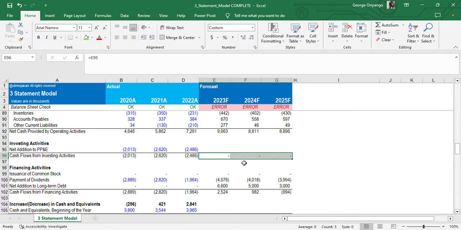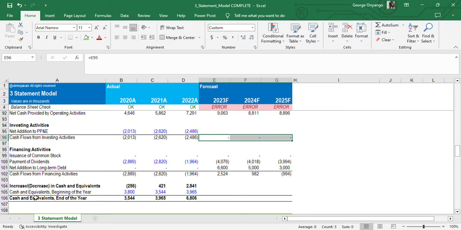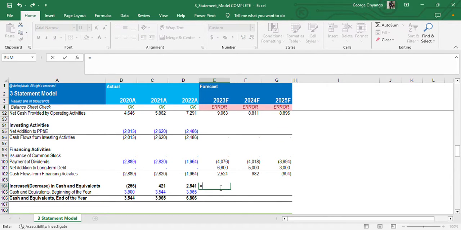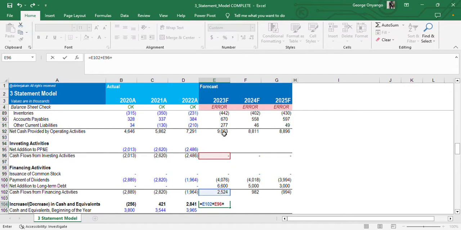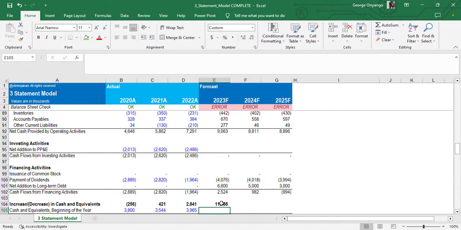So to get the increase in cash and equivalents, it's simply going to be the sum of the value from the financing activity plus from the investing activities and plus from the operating activities. So we just fill that right there.